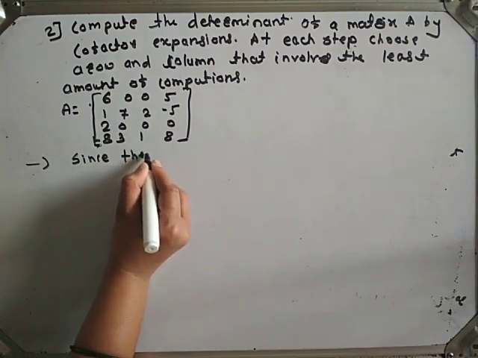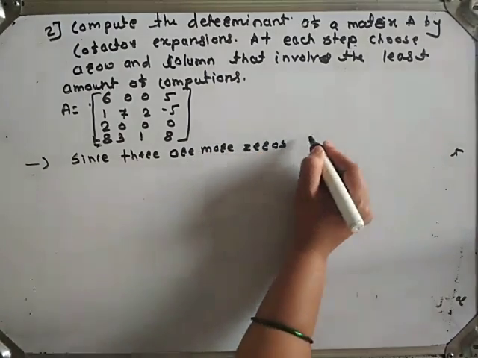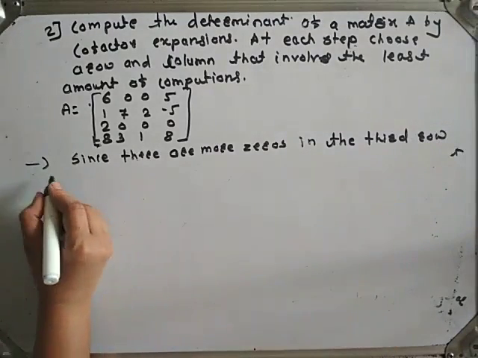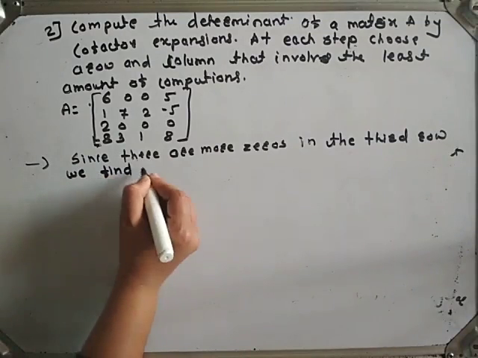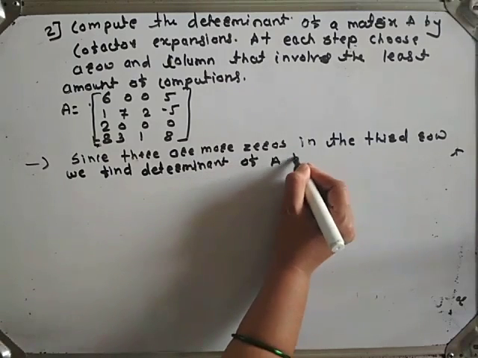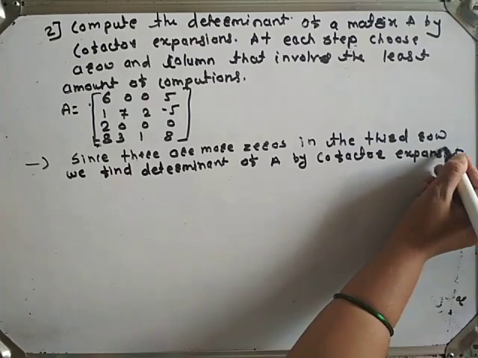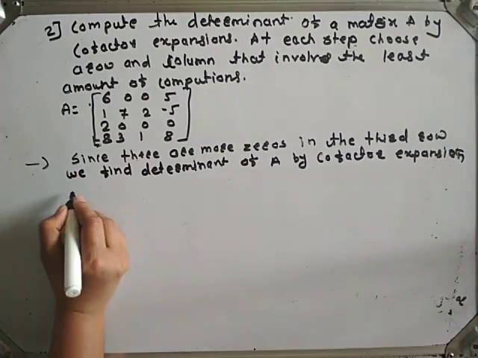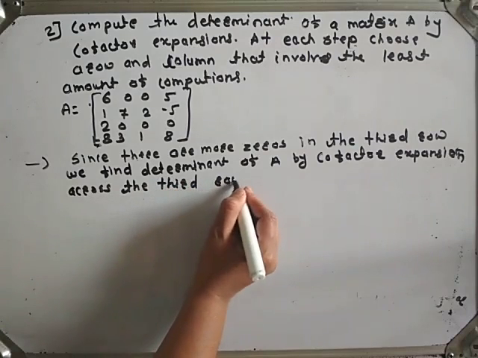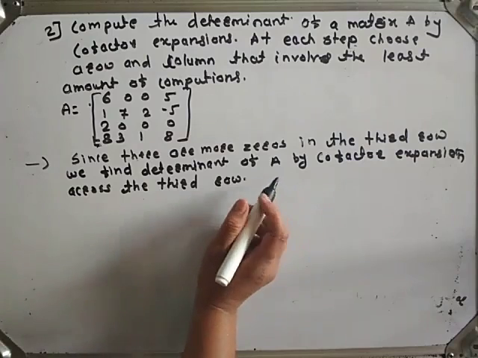Since there are more zeros in the third row, we find determinant of A by cofactor expansion across the third row, so that it involves the least amount of computation.